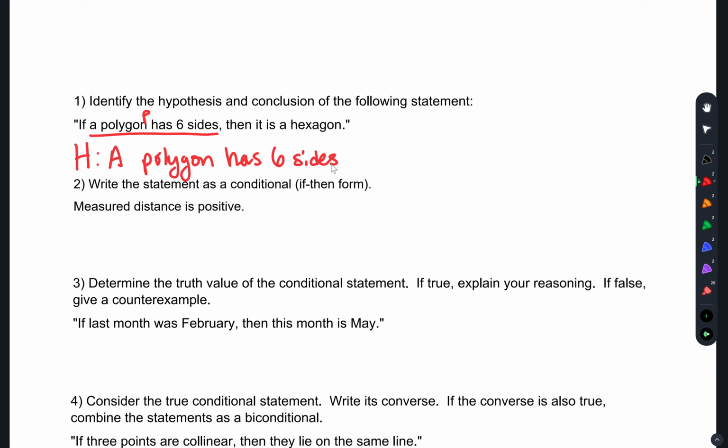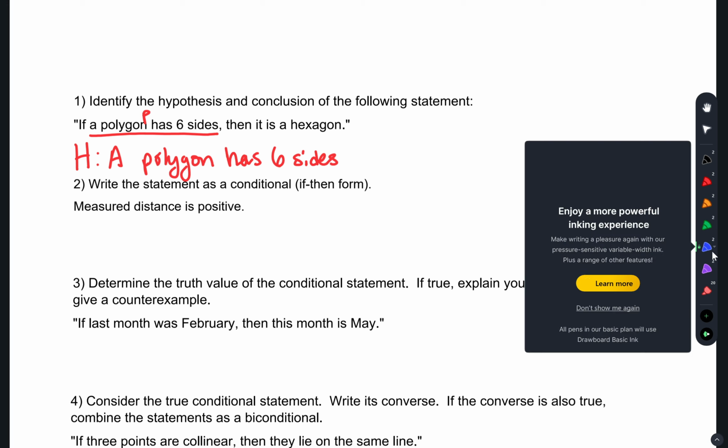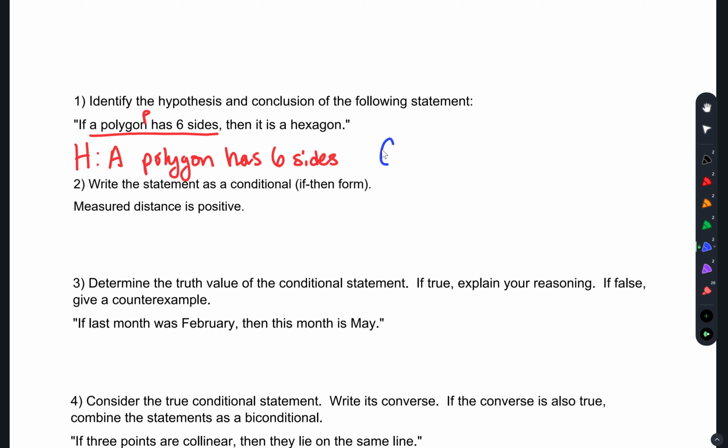So if and then are never part of our hypothesis or our conclusion. What is our conclusion then? It's just that other part of my sentence, right? If the first part was my hypothesis, it is a hexagon is going to be my conclusion. Questions on that? Easy enough.